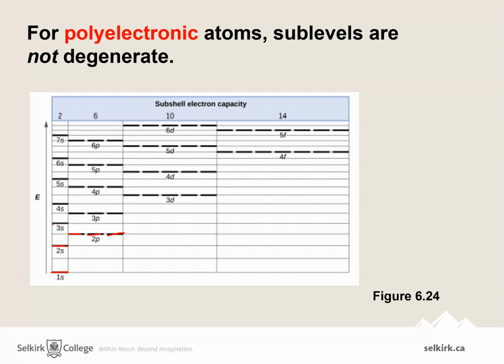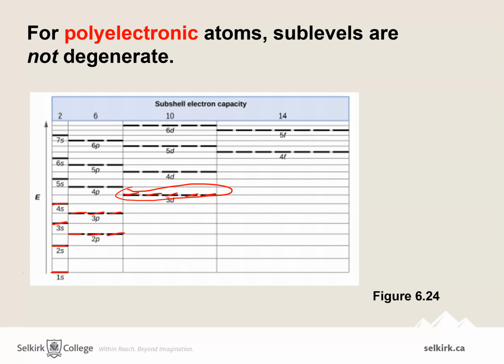All right, third energy level, the 3s is lower than the 3p, which is lower than the 3d. What you'll notice is eventually we'll get to a point where the energy levels start overlapping. The 4s is actually lower in energy than the 3d is, and I think that's kind of counterintuitive.